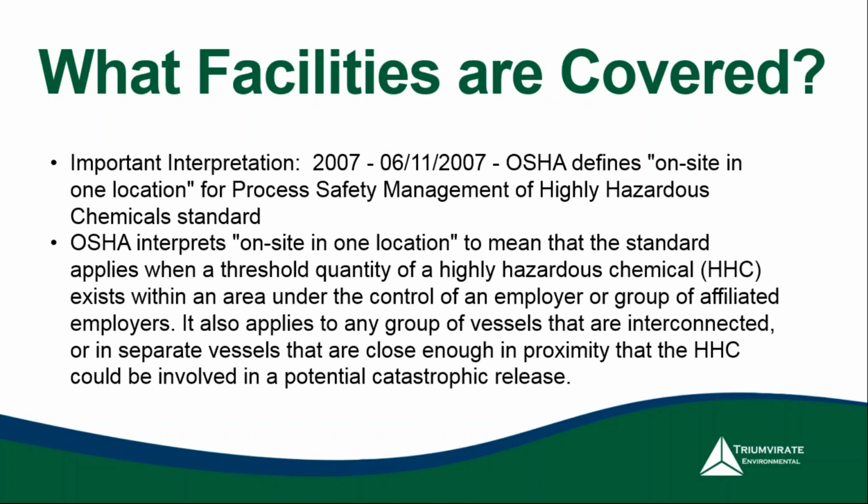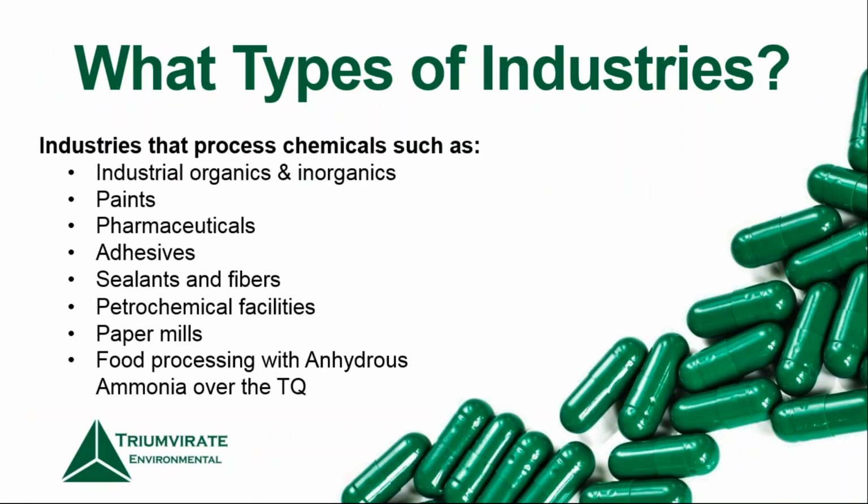So what types of industries are typically in this type of realm? Well, here are just some suggestions. Obviously, chemical manufacturers, right? If you really start to think about this, that's what the rule was originally geared towards. But today, you have the pharmaceutical industry.